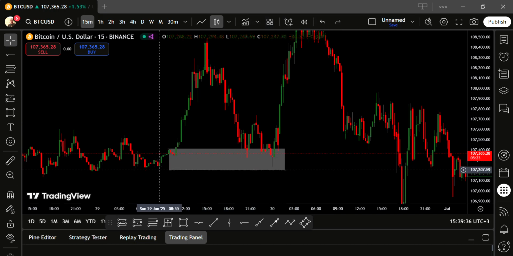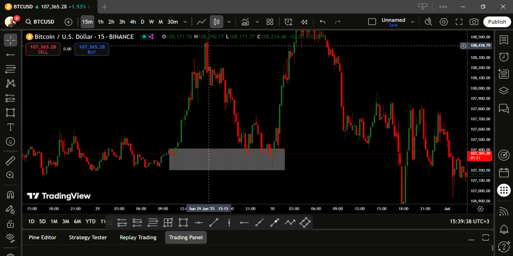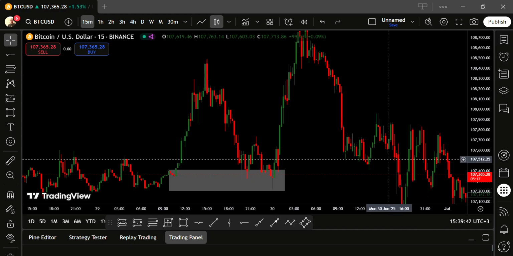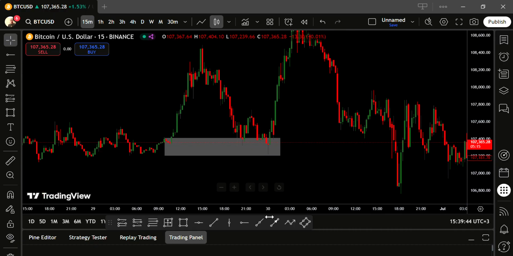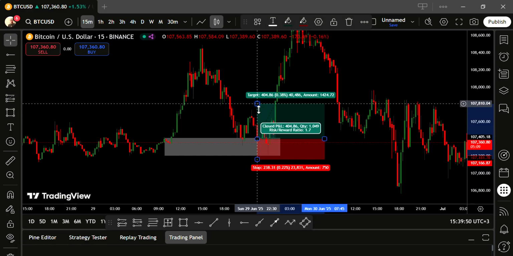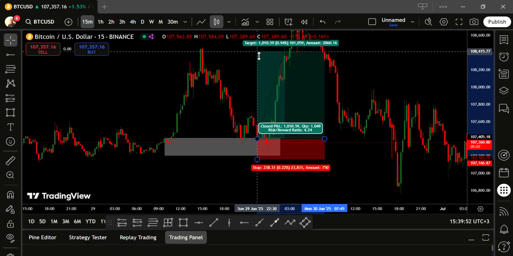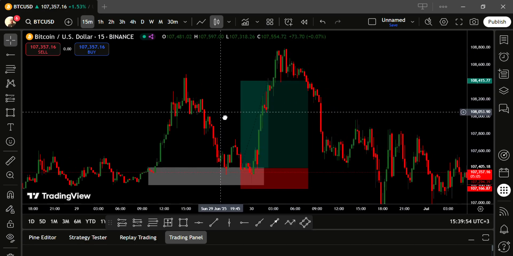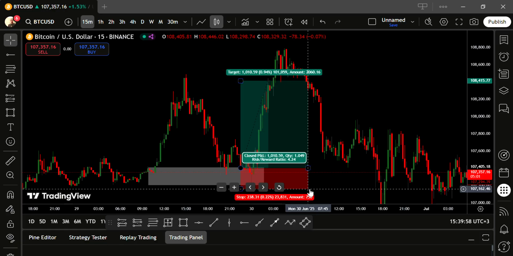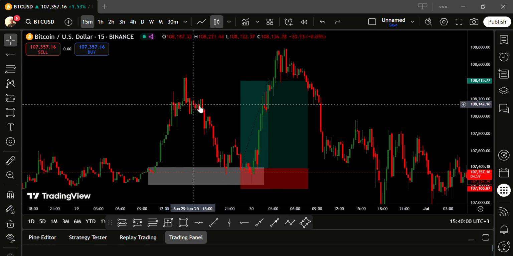This was a drop base rally. So my trade was enter from here and target the previous high. Enter from here like this. That is 23 pips, targeting the previous high there, which is 100 pips. This is a 1:4, just like the other one, 1:4.